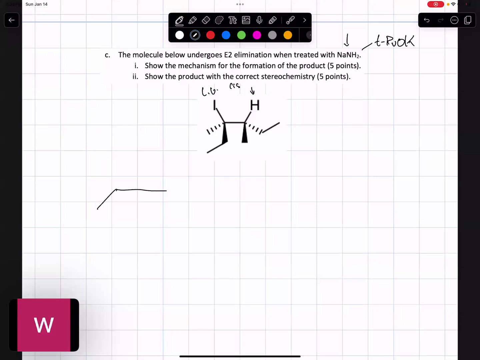So I have something that looks like this. Let me just put this as methyl, ethyl. This would be ethyl and methyl, right?